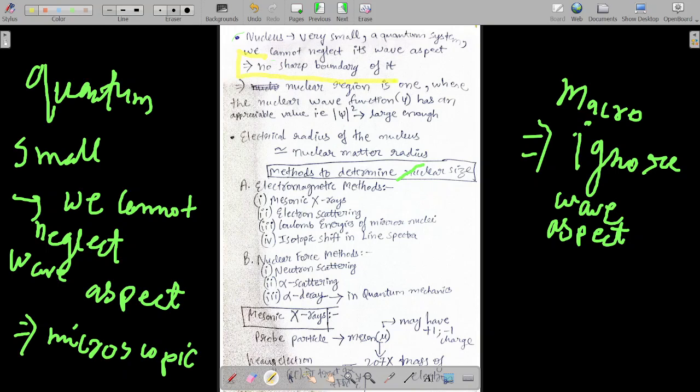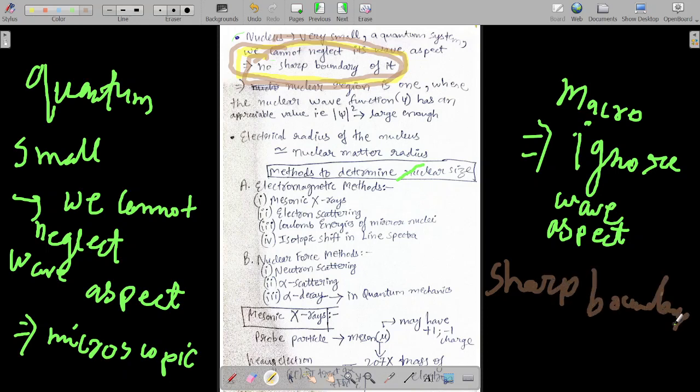So it will have no sharp boundary. As we cannot neglect the wave aspect of the nucleus, the nucleus will have no sharp boundary, because a sharp boundary is for the macroscopic world.